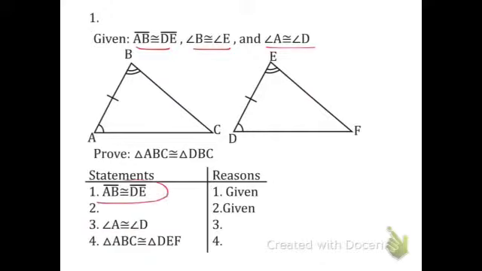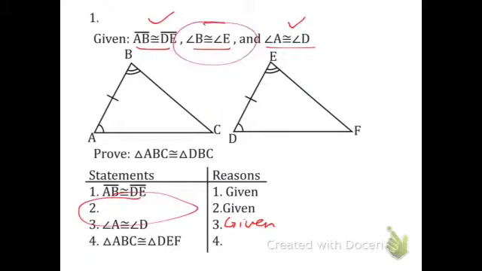So they already have AB congruent to DE. Here, I'll check that off. The next given needs to not be that one, so they already have that one down, and that's a given. And on 2 here, that's this middle guy here.